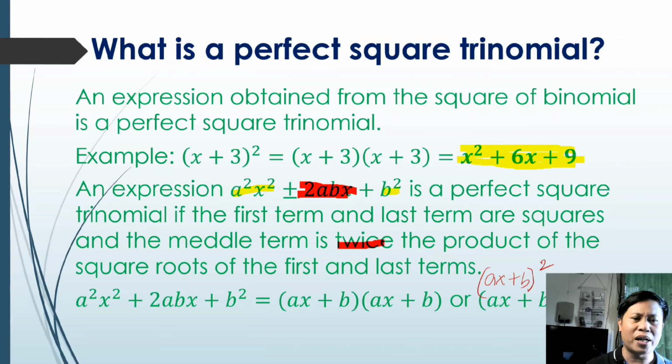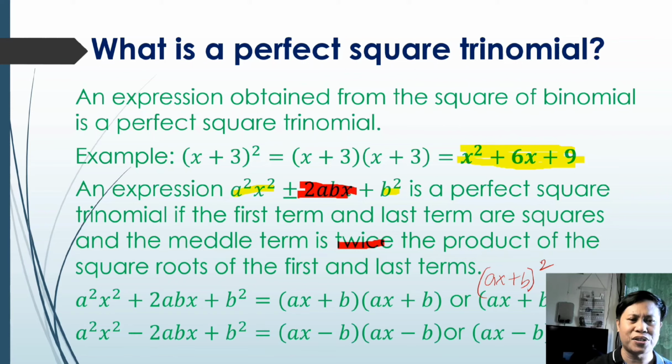Another one, if this is minus, a squared x squared minus 2abx plus b squared, the factors will be ax minus b, ax minus b. So only the sign of the two changes. Okay? Or we can write this also as ax minus b quantity squared. So, it's just like that.